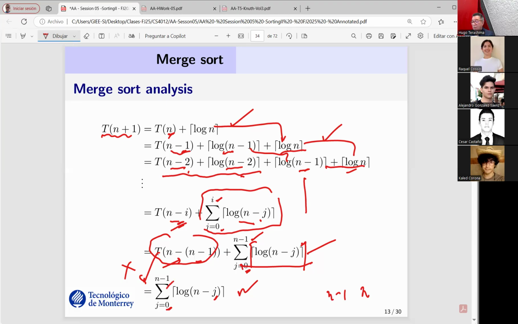When I have n minus 1, I'm going to get 1, up to n: log of 1 ceiling, log of 2 ceiling, log of 3 ceiling, etc., right?